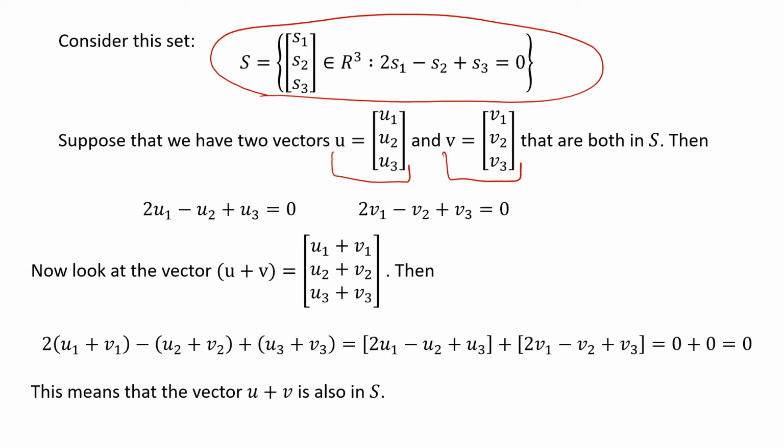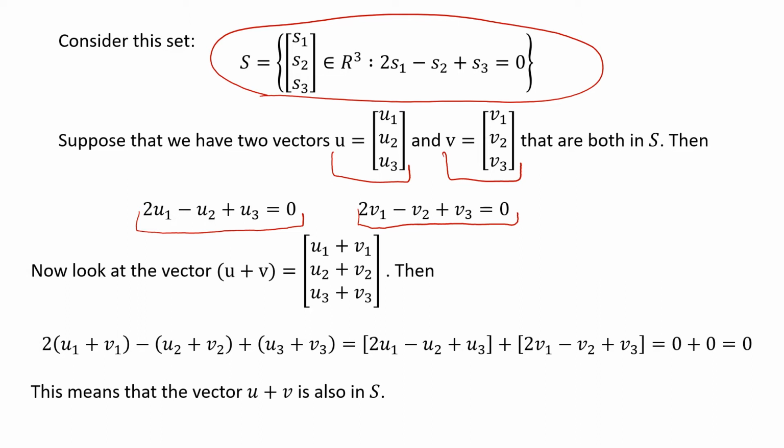Because u is in the set, it satisfies 2u1 minus u2 plus u3 equals 0 by definition. Because v is in the set, it satisfies 2v1 minus v2 plus v3 equals 0.